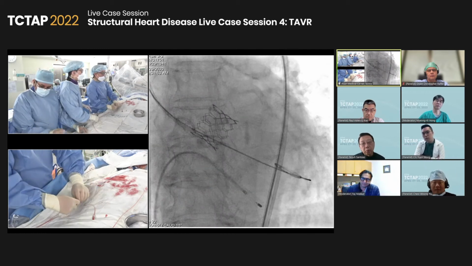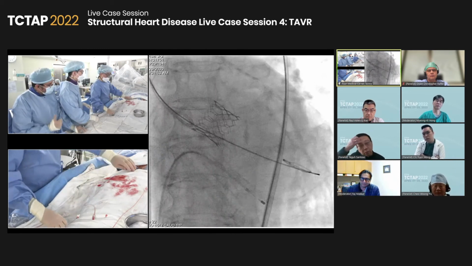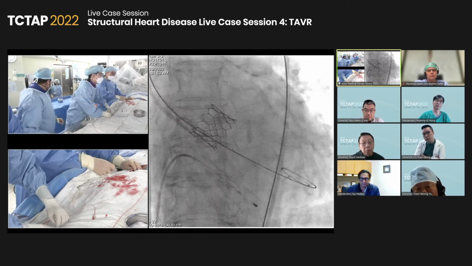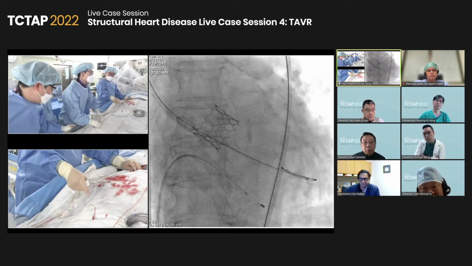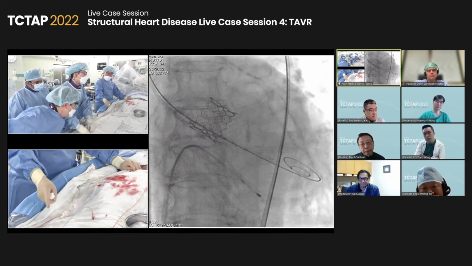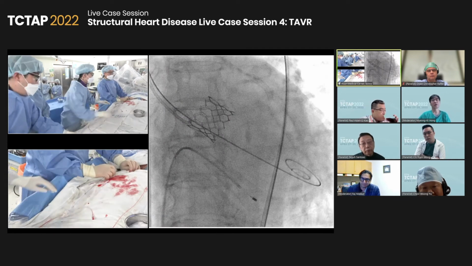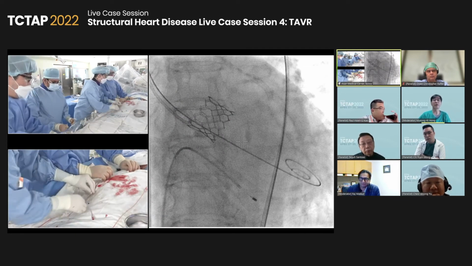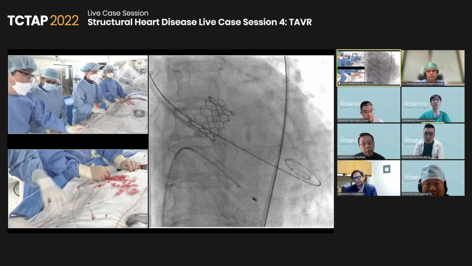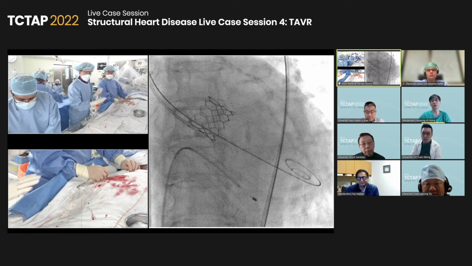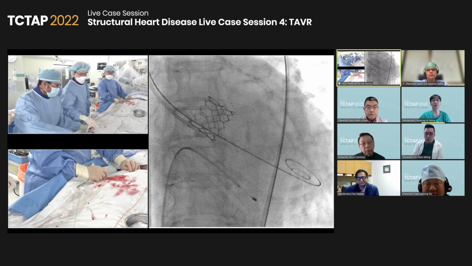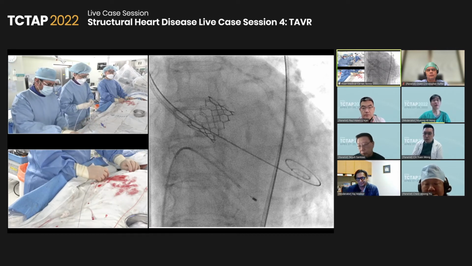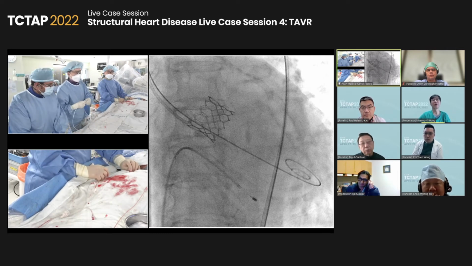Also, sometimes in valve failure cases device passage is very difficult, and we're going to do a pre-dilation using 18. Yeah, okay. And then, selection for the Evolut system, you have a plan to use the Evolut 23. Actually, 23 is too small.